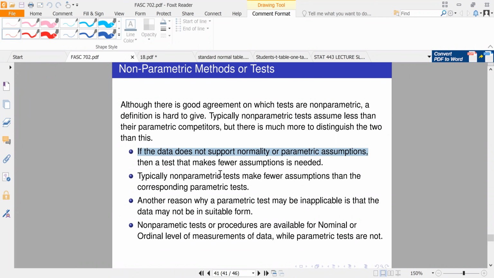Now, another advantage here is that because we do not need to check for normality or calculate parameters, it implies that we make fewer assumptions. So for non-parametric methods, we have very few assumptions that have to be made with respect to your data analysis.